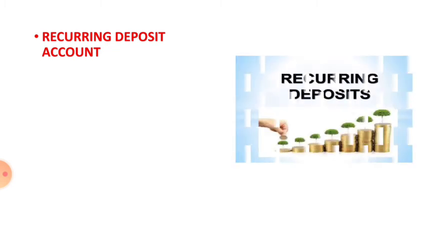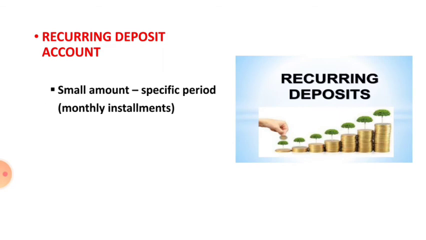Next one is recurring deposit account. This scheme has started to encourage savings for those people who cannot make large deposits. Recurring deposit can be opened with a small amount over a specific period of time and they have to pay monthly installments.